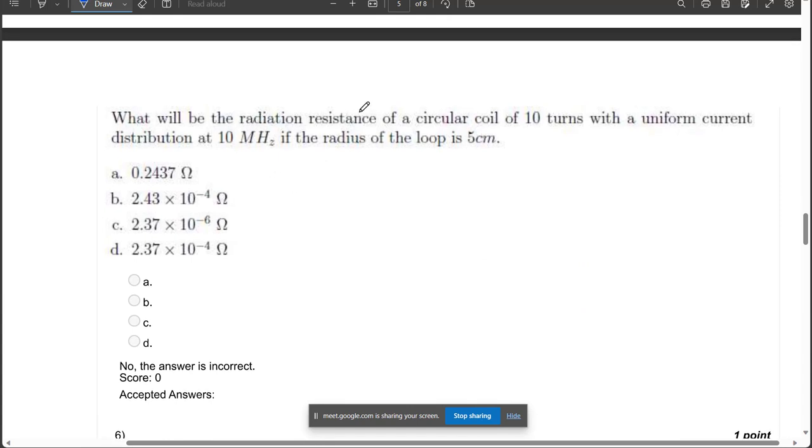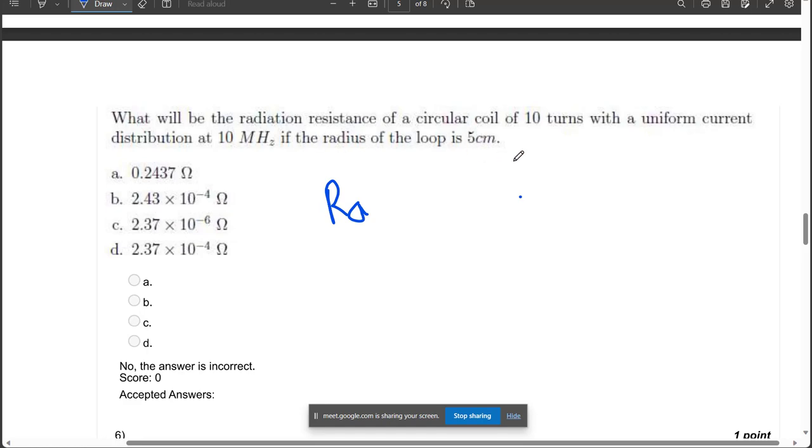What will be the radiation resistance of a circular coil of 10 turns with a uniform current distribution at 10 megahertz if the radius of the loop is 5 centimeter? So you have to find the radiation resistance of a circular coil of 10 turns with uniform current distribution at 10 megahertz.